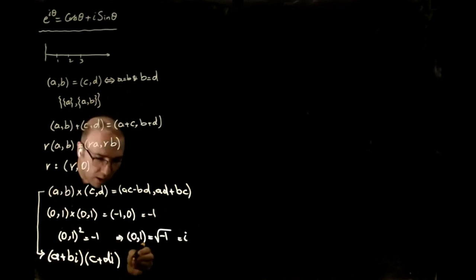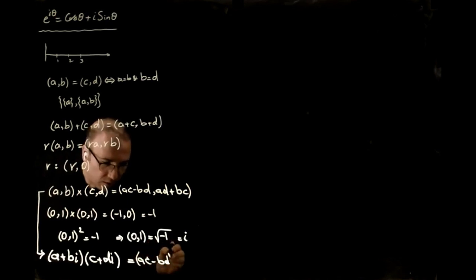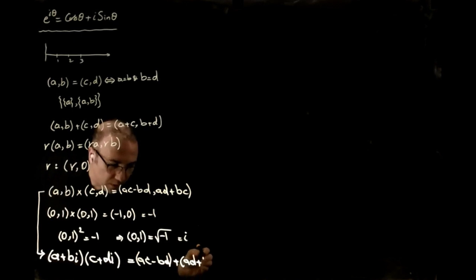You see? So if I write it this way, I would have ac plus bd i squared, which is negative 1. So the real part, the first part, would be ac minus bd. And then I would have plus (ad plus bc)i.